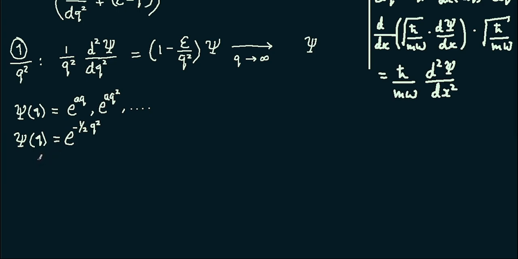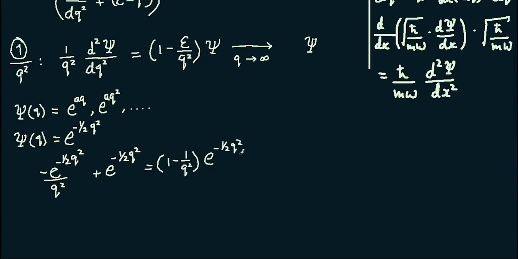Now, if you insert it into this equation over here, what you'd get is the following. After inserting ψ into this function, we see that this function is indeed satisfied. With epsilon being 1, ψ of q equal to e raised to minus 1/2 q squared is actually the exact solution to this function.